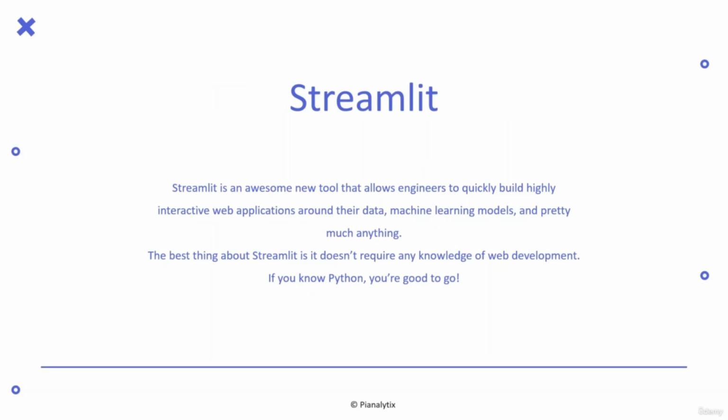So Streamlit. Streamlit is an awesome new tool that is actually used for web development, but not exactly. Here you can see it is used to quickly build highly interactive web applications about your data, machine learning models, and pretty much anything. But usually it is more centered around data and machine learning models itself.